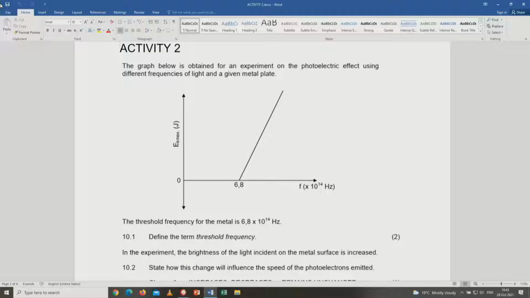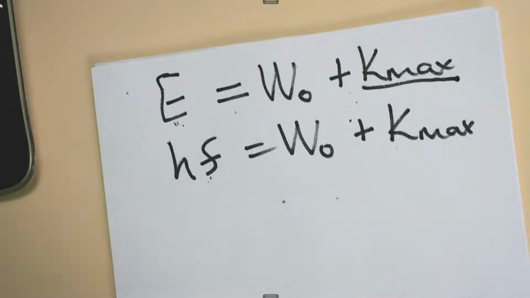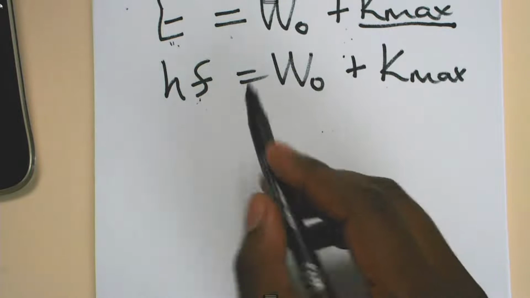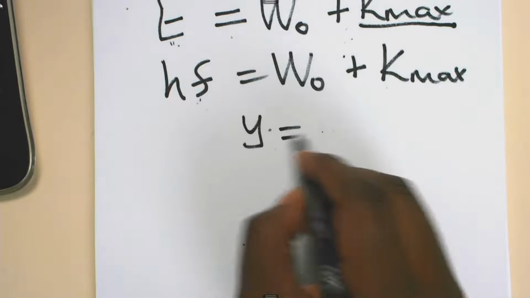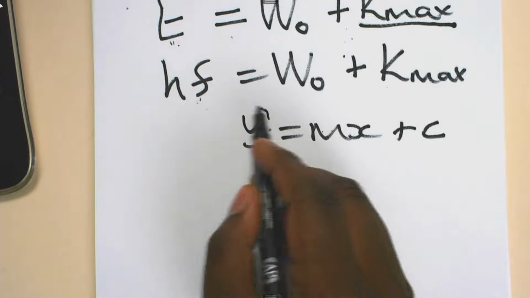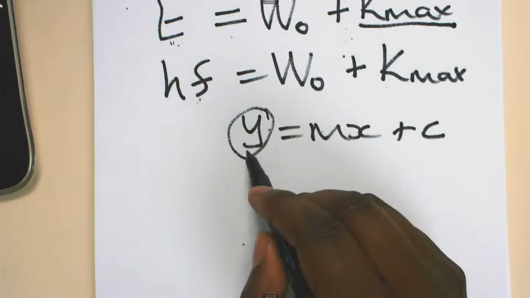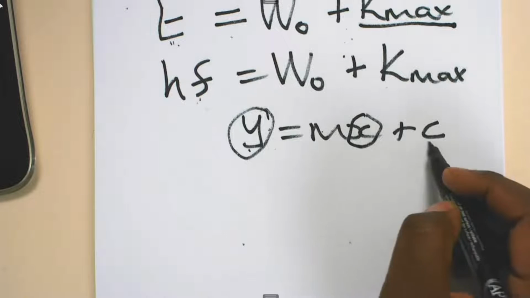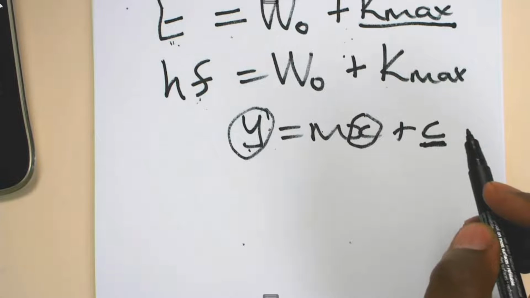So we have hf equals work function plus kinetic energy max. We are expressing this in terms of frequency because on the graph we are given the frequency. Then we'll rearrange this formula to be in the form of a straight line equation, which is y equals mx plus c.